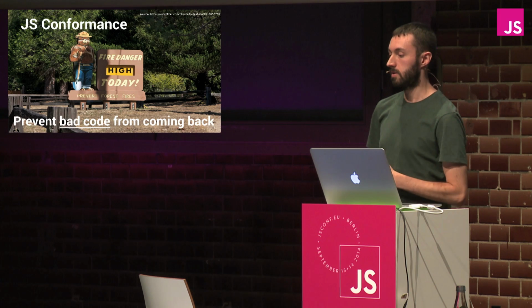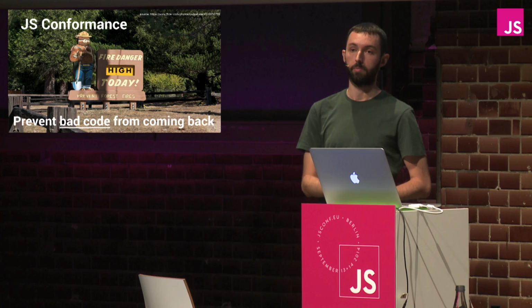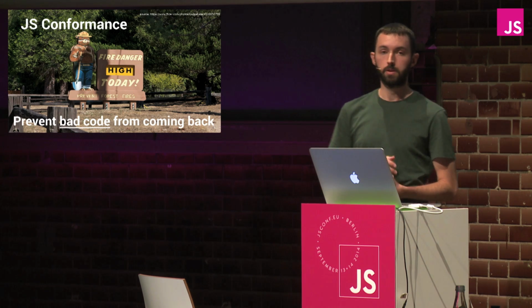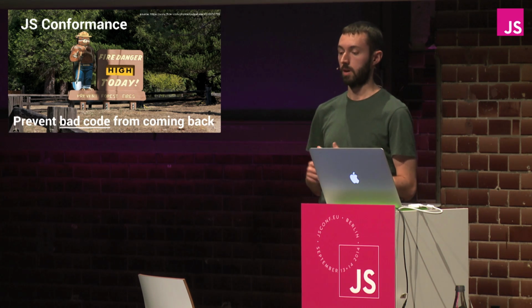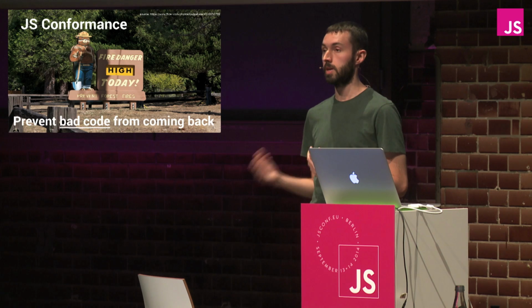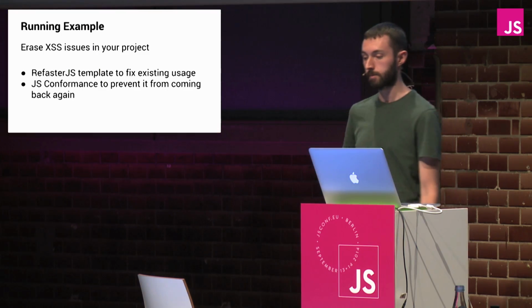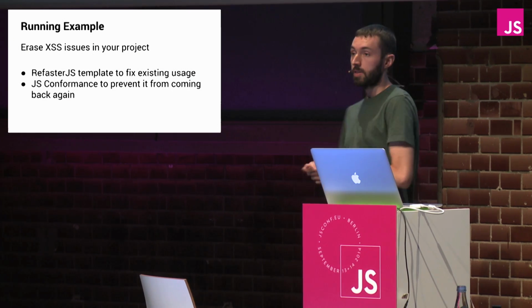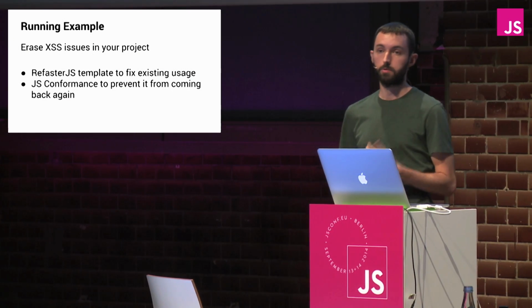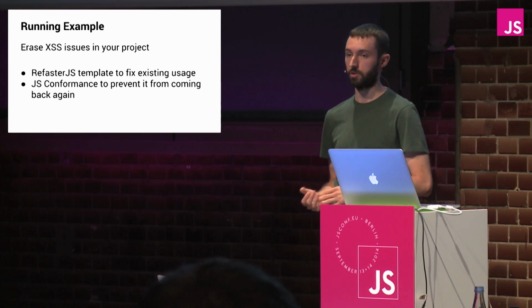And the second thing is what we call JSConf, which is a way to prevent bad code from creeping back into your code base. And this is a tool that really helps developers and your project keep a very high code quality bar because no matter who's reviewing or submitting the code, you can make sure to prevent bad code from entering your code base. And to tie everything together, I want to use a running example, which is really important to web apps today, which is how do you eliminate XSS issues in your project?